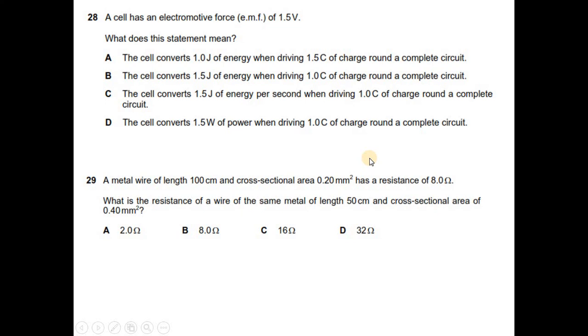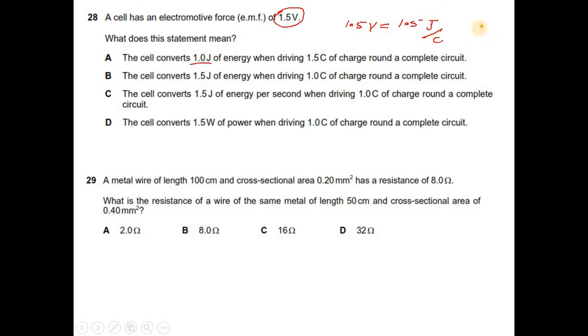28. A cell has an electromotive force, EMF, of 1.5 volt. What does this statement mean? The cell converts 1 joule. No, 1 joule. Don't waste time when you see 1 joule, because it should be 1.5 joule. 1.5 volt means 1.5 joule per coulomb.